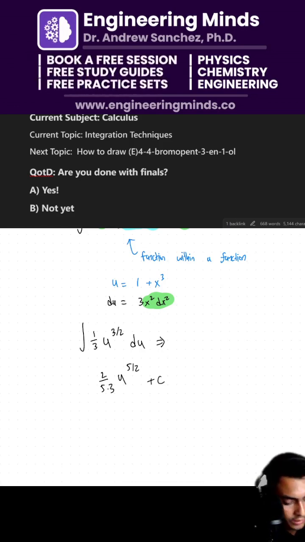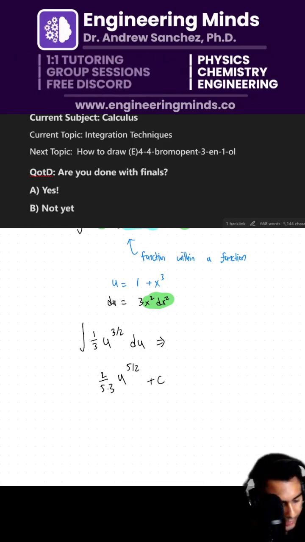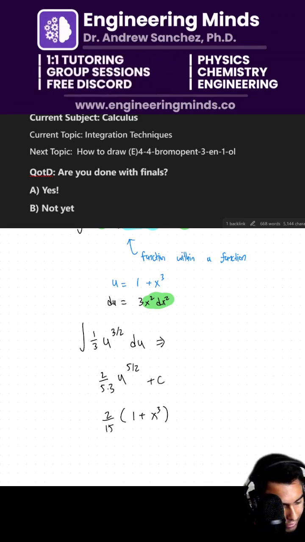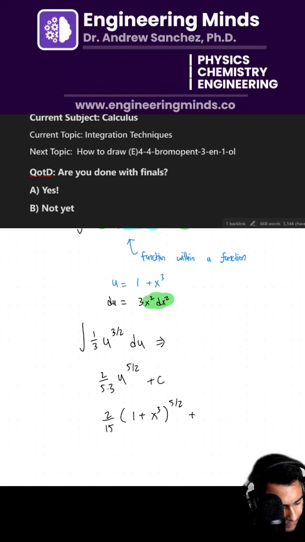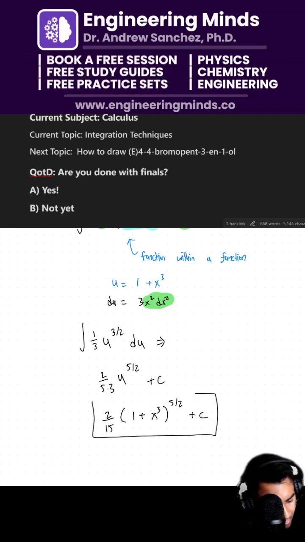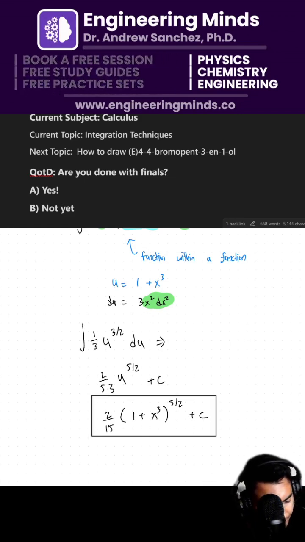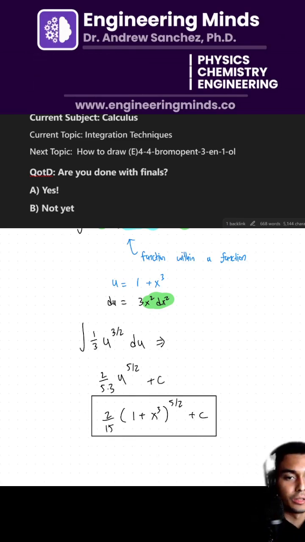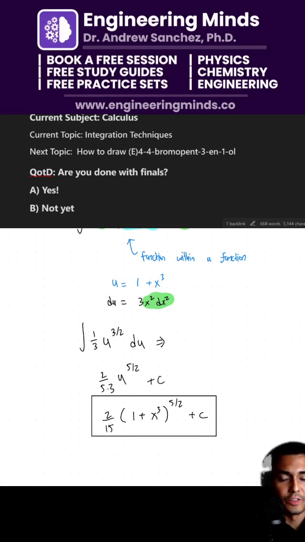So that's going to be 2/15 times 1 plus x cubed to the power of 5/2 plus c. I kind of just made up that integral in my head. And that's going to be the first technique, u subs. Let me know if that made sense.